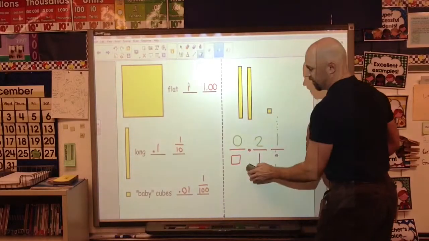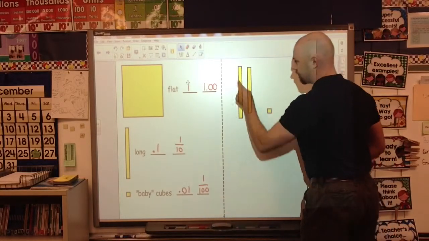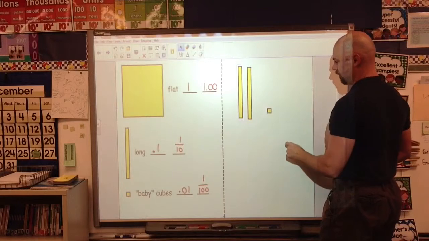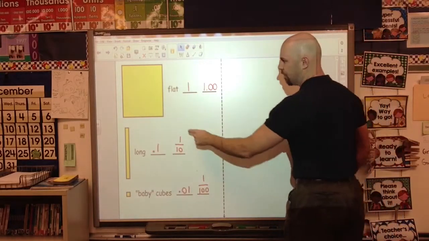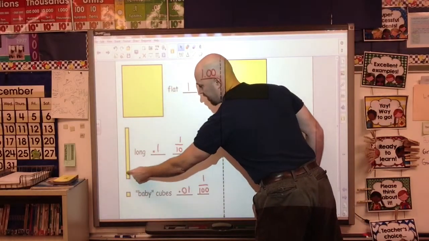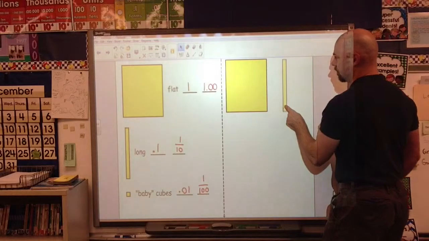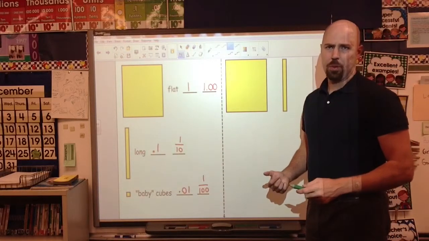Let's look at a different example. If I pull over a flat, and I pull over, let's say, a long, we'll do the same thing, and this helps us generate some more conversation about what this actually looks like.